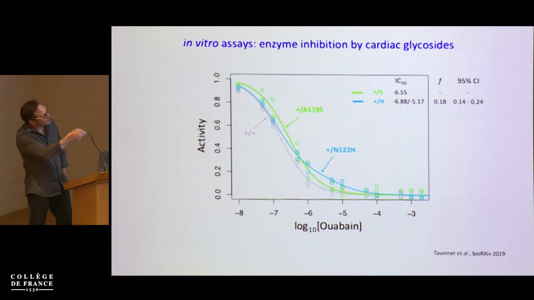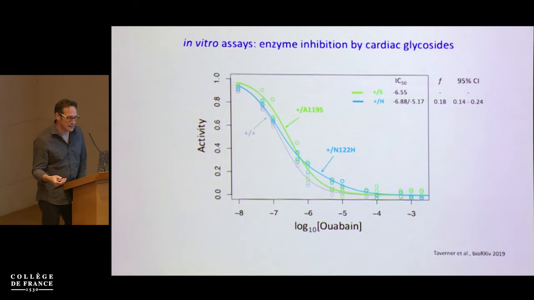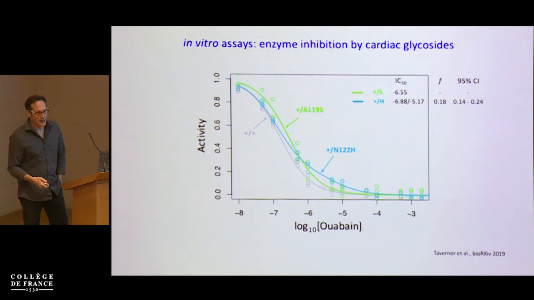The single substitution here, N122H, we did think that should have an effect. And in fact, we do see evidence for a biphasic curve. And we estimate that the resistant form is associated with substantial insensitivity to the toxin. However, we also estimate that it contributes far less than half to the total activity. And so this suggested that N122H does encode an insensitive enzyme, but a dysfunctional one.